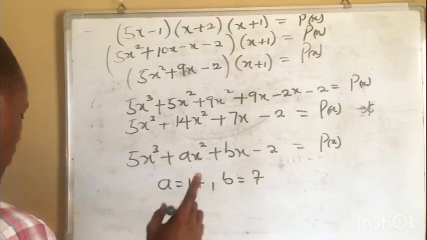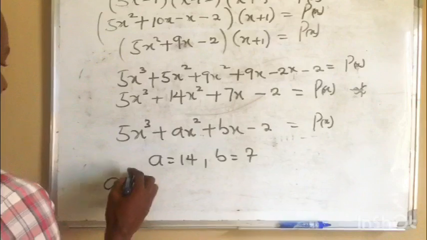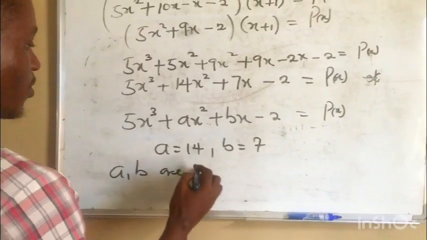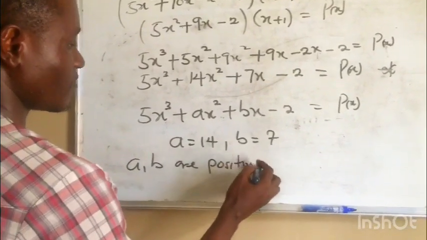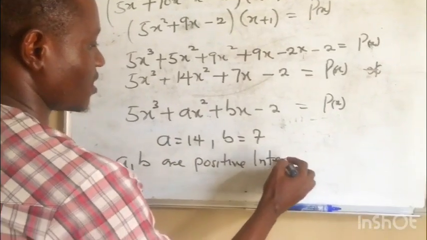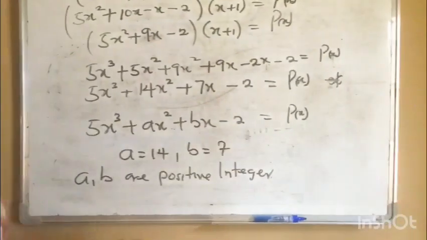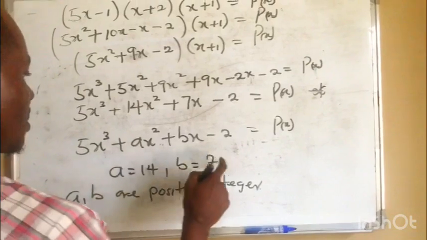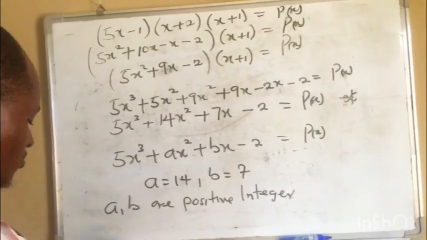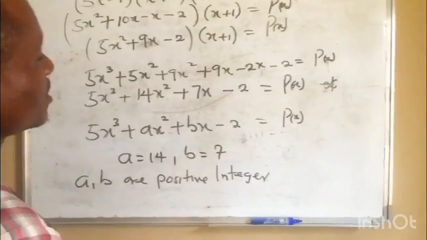And don't forget, from the question, we are told that a and b are positive integers. And you see the answer that we get here, our a is plus 14 and our b is also plus 7, which makes them positive integers.